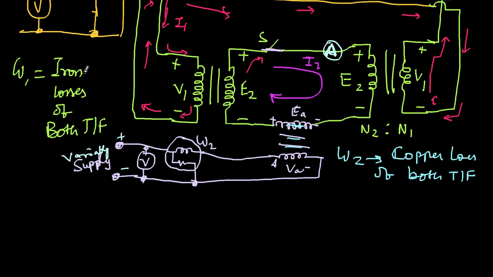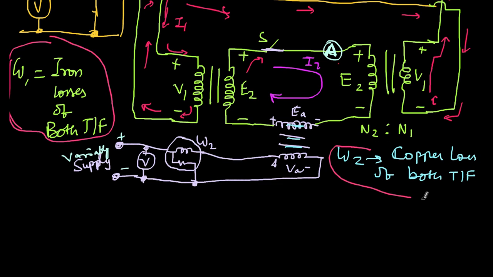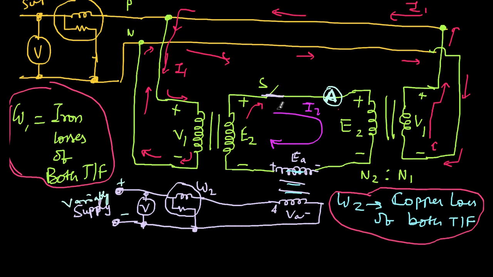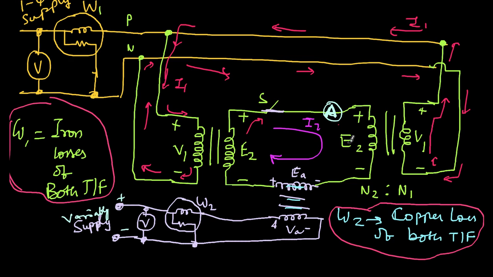So with this arrangement, W1 reads the iron loss of both the transformers, and W2 reads the copper loss of both the transformers. And you know the efficiency is usually high, or like losses are only 2 to 3%. So you can run this for the entire day for both the transformers and test it thoroughly.